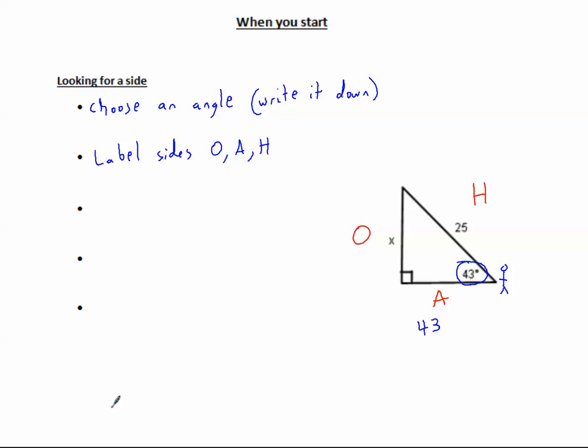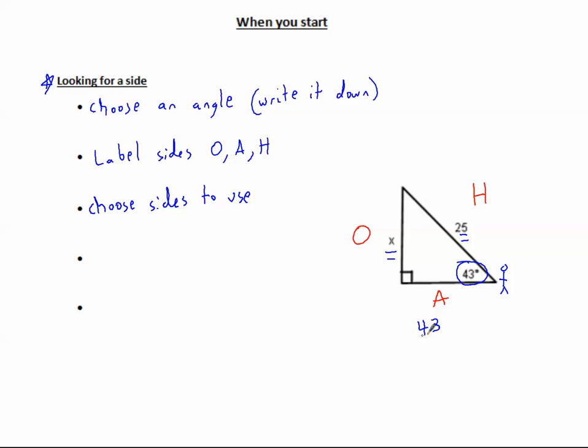Next, you choose the sides to use. You always pick two. And if you're looking for a side, like we are here, you're always going to look for one that's a variable, and you always have to pick one, in this case the hypotenuse, that has a number to it.